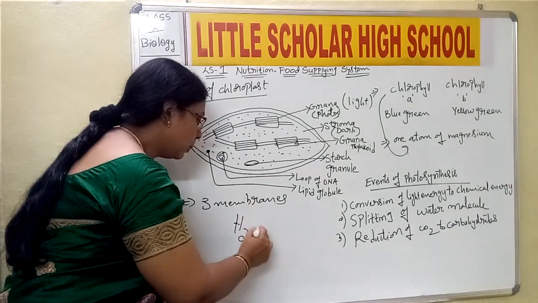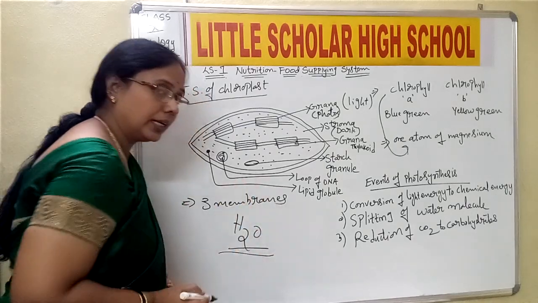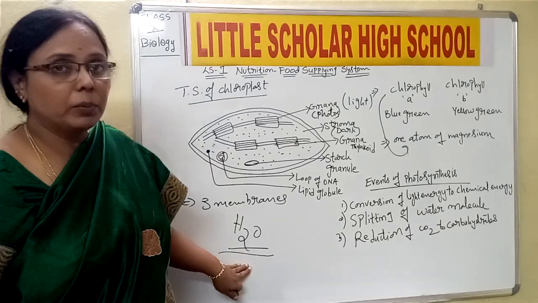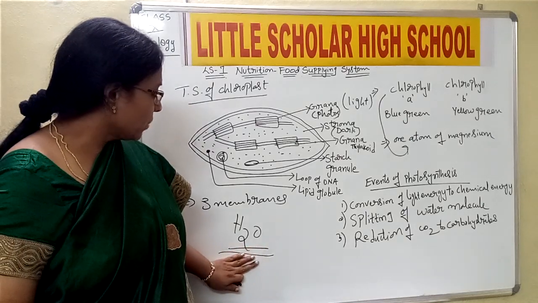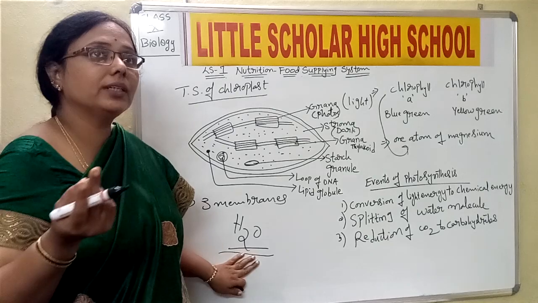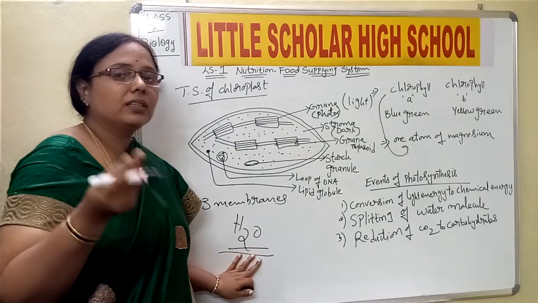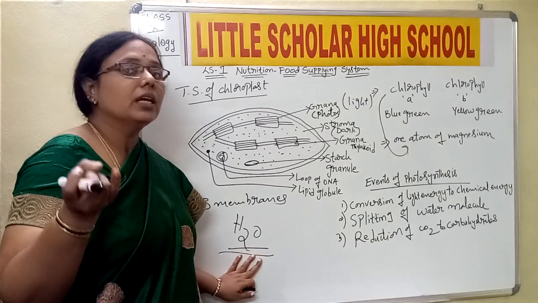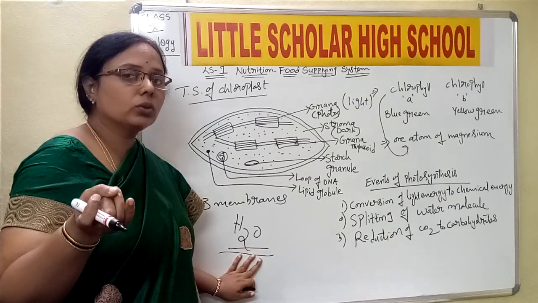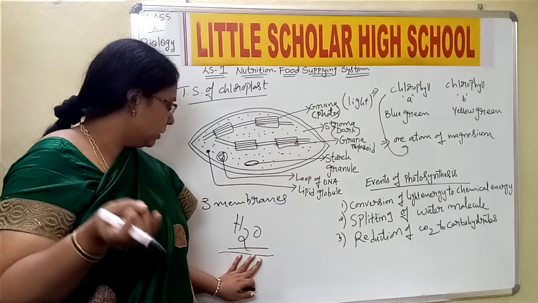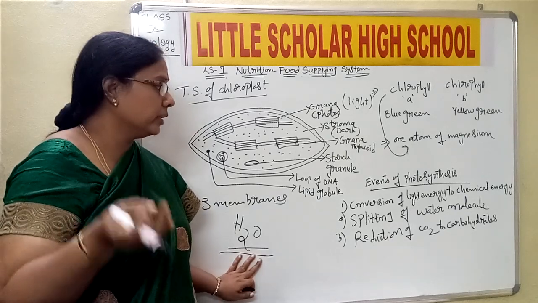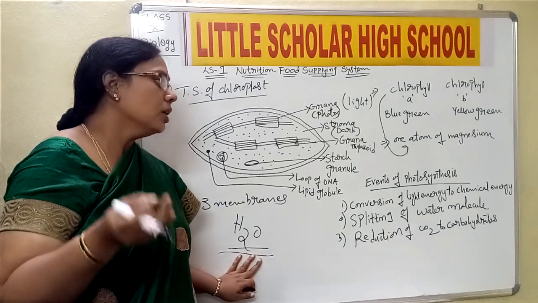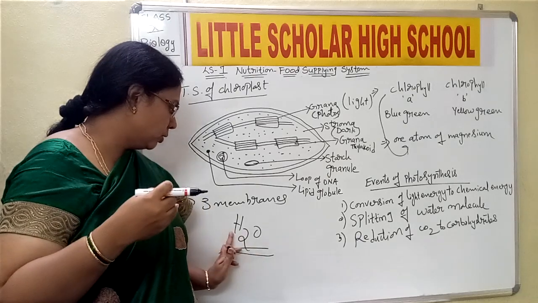We'll go through the splitting of the water molecules in detail. So the first point, if the question is a 1-2 marks question, write the events taking place during the process of photosynthesis. One is that the light energy is converted into chemical energy, and water is split into hydrogen and oxygen.